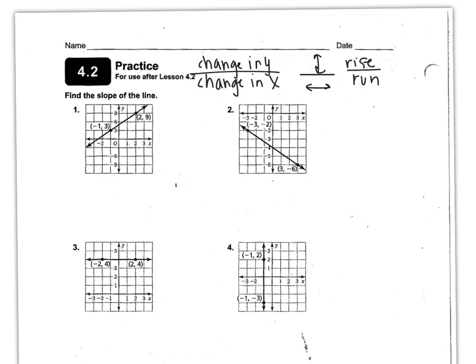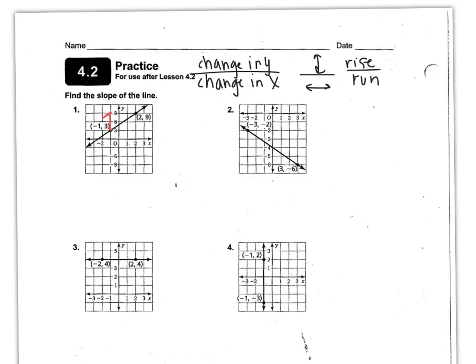You pick a point and you start at it. Let's start at -1, 3. I usually like to start over here on the left-hand side. So I'm going to start at -1, 3, and I'm going to go up. Oh, it's up 2 boxes, but it's not actually 2. If you look at the scale, this scale is actually going by 3s.